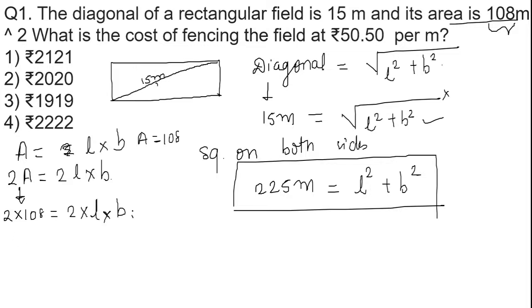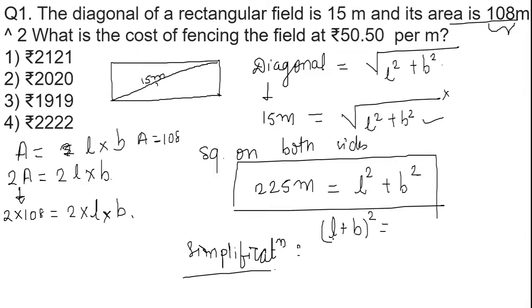Okay, in simplification, in the basic foundation classes, I have taught you simplification, right? In simplification, I have given you a basic formula: A plus B the whole square can be written as A square plus B square plus 2AB.